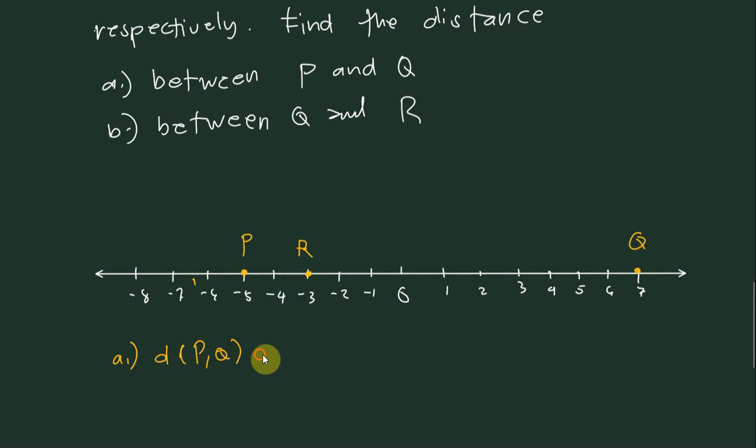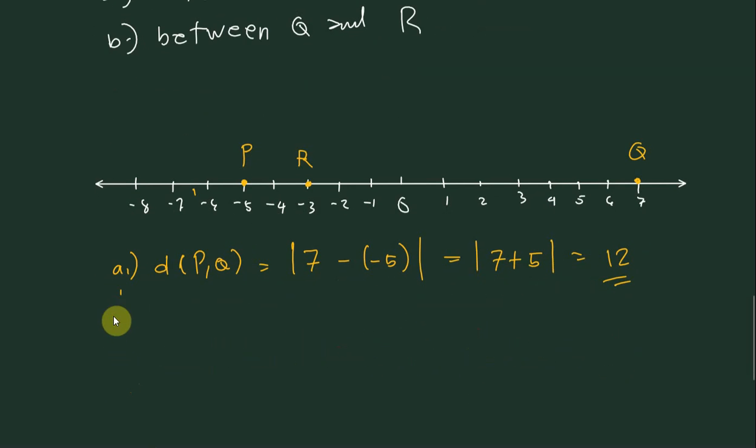For A, find the distance between P and Q. We have 7 minus negative 5, so that would be the absolute value of 7 plus 5, which is equal to 12.